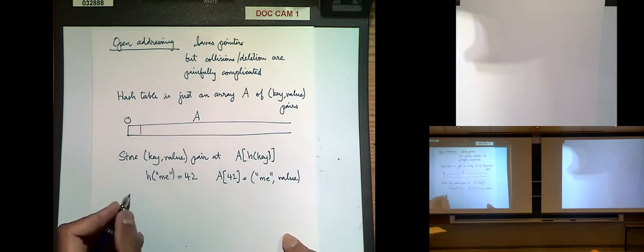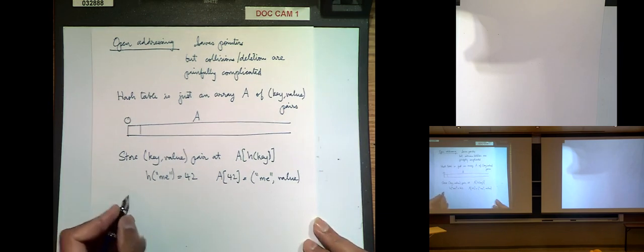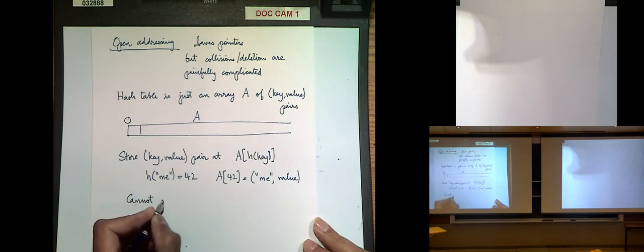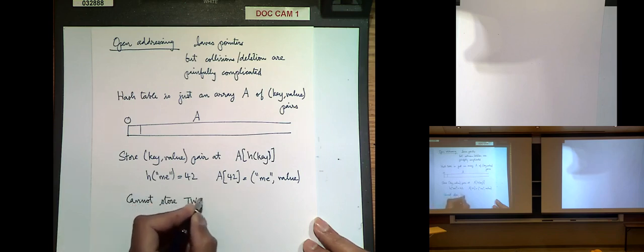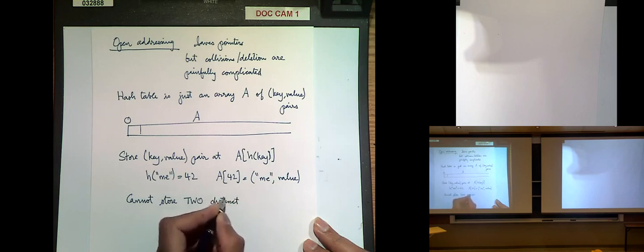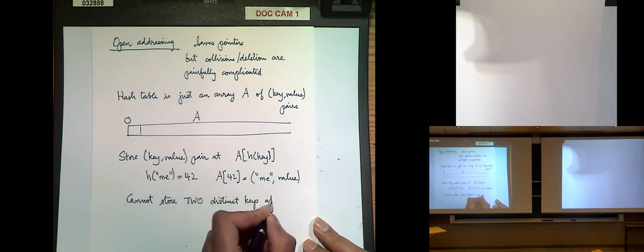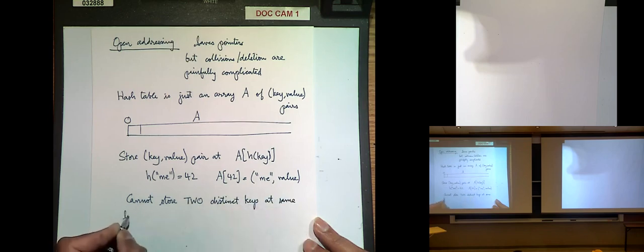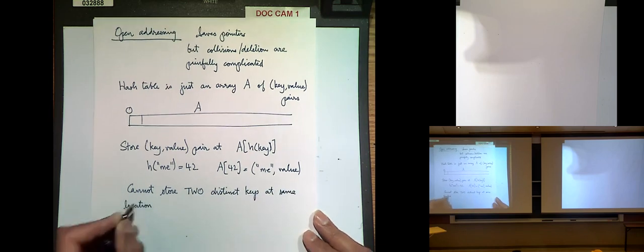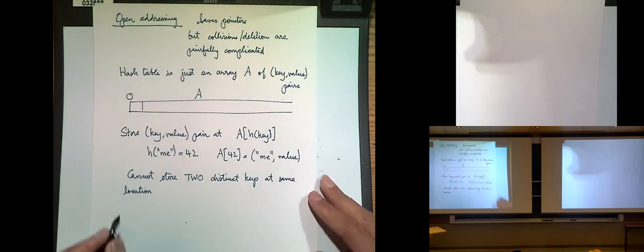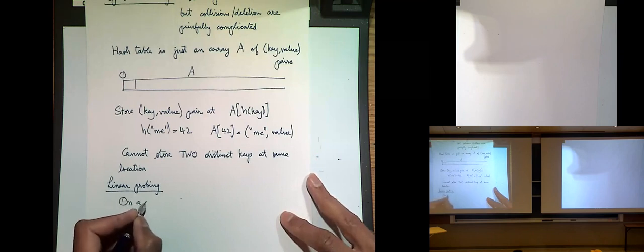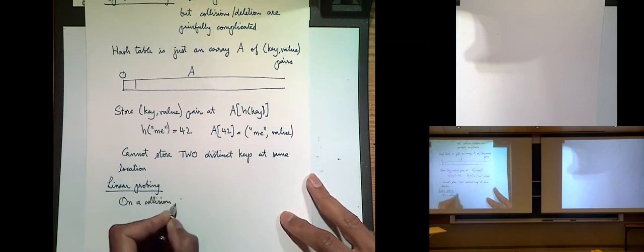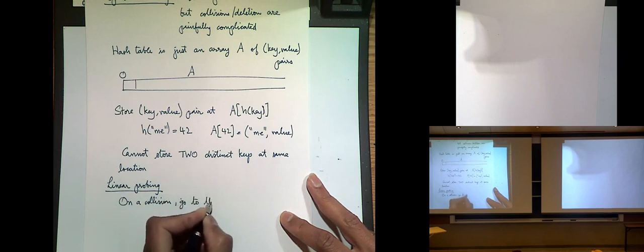So clearly, all of you have guessed, what happens is you cannot store two distinct keys at the same location. So what you can do, and there are many ways of doing this, the simplest thing is called linear probing, which is actually not done in practice, but it's the simplest thing. On a collision, simply go to the next index.